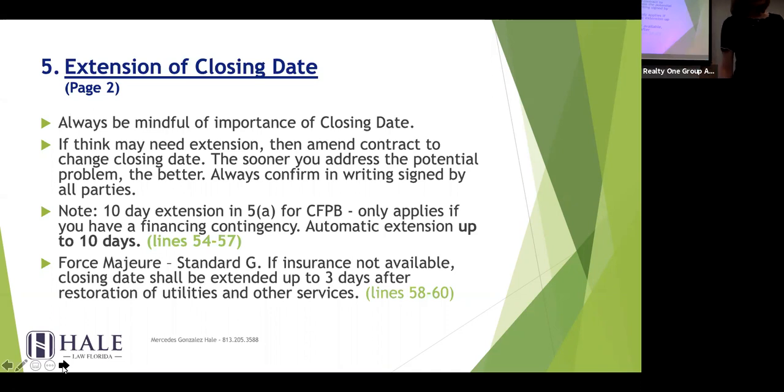Okay, we don't really deal with this anymore, but the 10-day extension in 5A, that was put in there when the CFPB first came into play, and nobody really knew how long things were going to take. And the lenders had to provide that 3-day period so that the buyers, the borrowers, could review the CD.